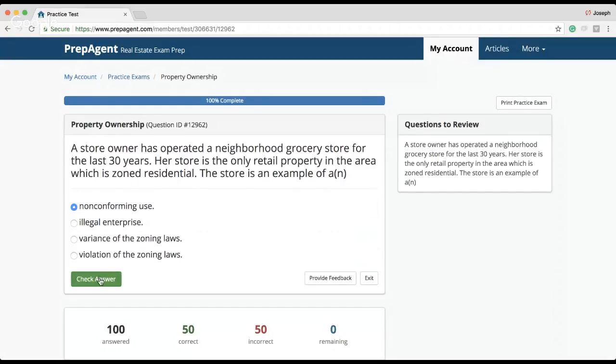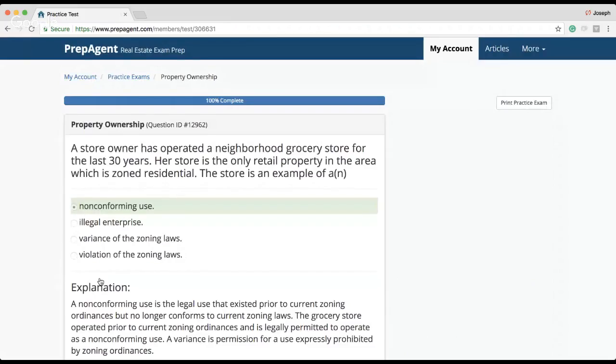Okay, she is given non-conforming use, because her usage is different than everybody else's. And sometimes they'll grant that as long as it doesn't affect the rest of the community.